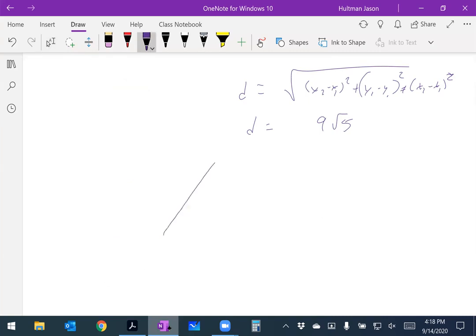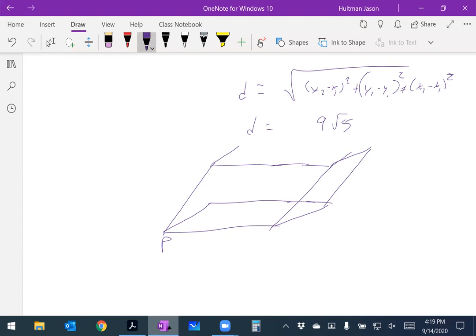So P is the central point. Okay, so there's my parallelepiped.